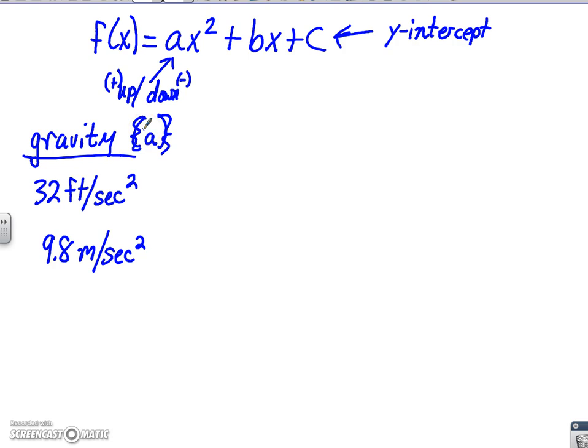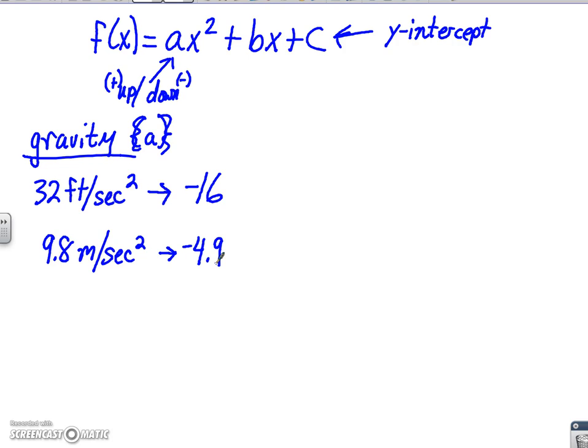Also, because gravity is working against us in the first half and with us in the second half, in our gravity equations, if we're dealing with feet, negative 16 will be our a. If we're dealing with meters, it will be negative 4.9. Notice it's half of the force of gravity.